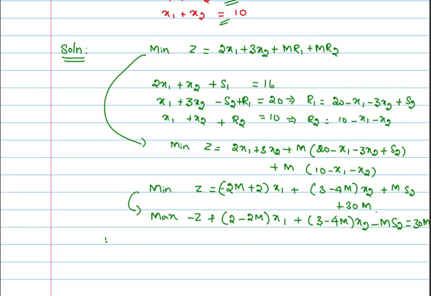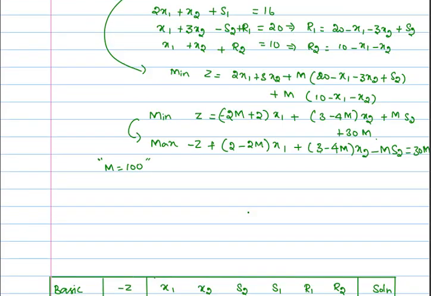Now I substitute M equal to 100. In the Big M method, this is the key idea: you can proceed with M treated as a constant, but I can choose M equal to 100, so it is fine to use it.